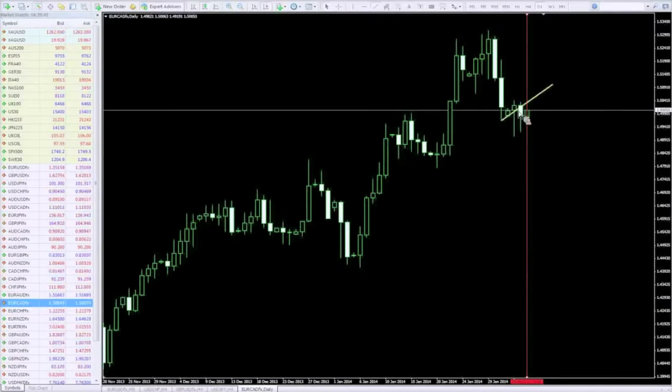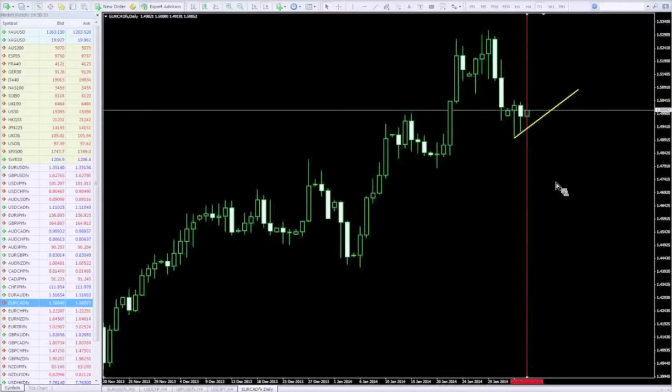But here we have a pullback, and we also have another pullback that occurred here. But now, because this is what we see in real time, this is where we are. So what I'm looking for is a break below this trend line, or a break below the low of this candle because it was the last touch.